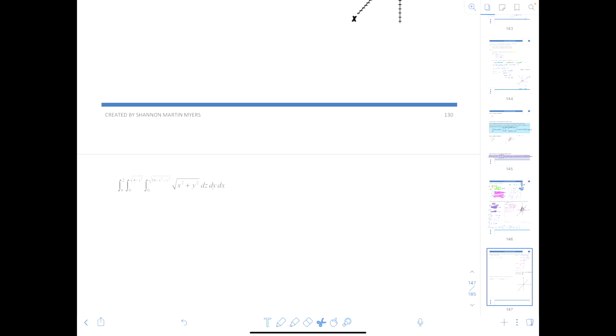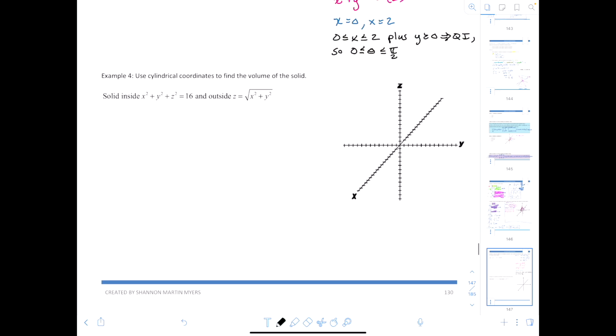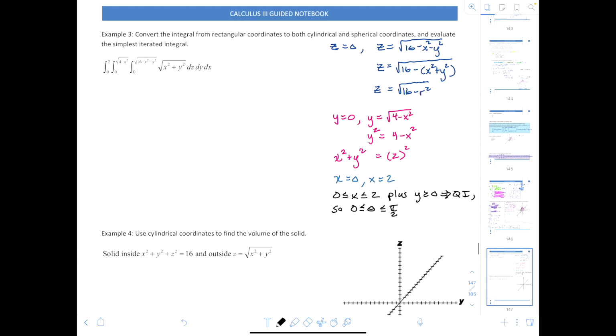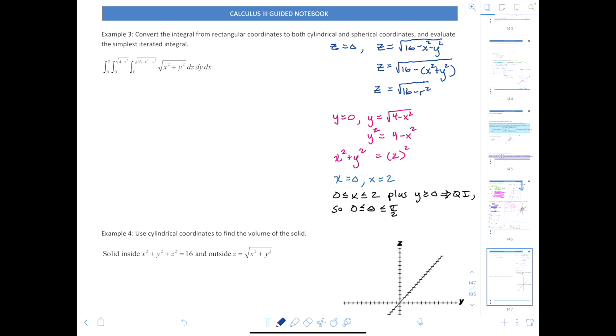Paste. Okay. All right, so now let's go ahead and complete the problem. I think we have enough info.